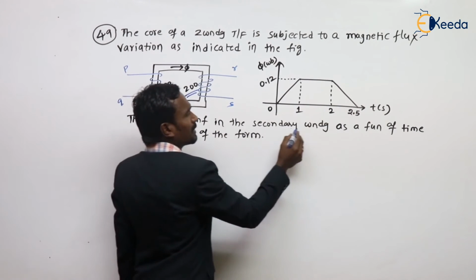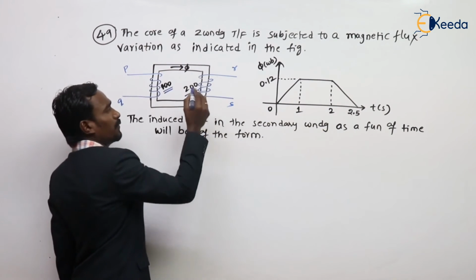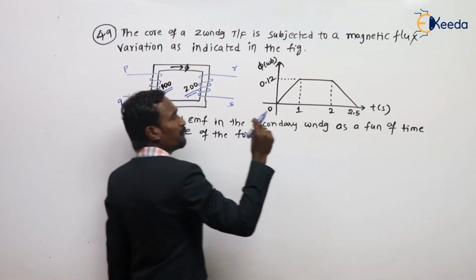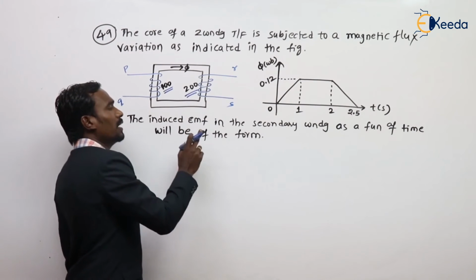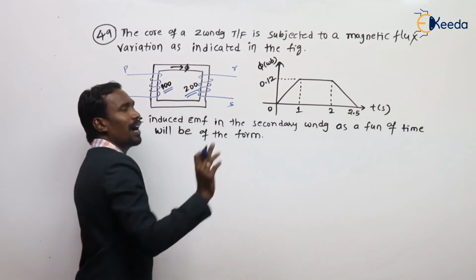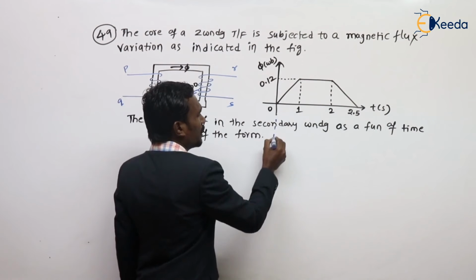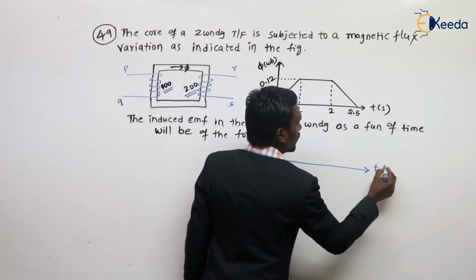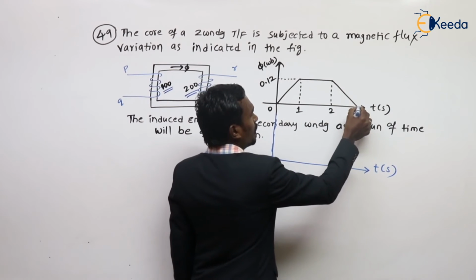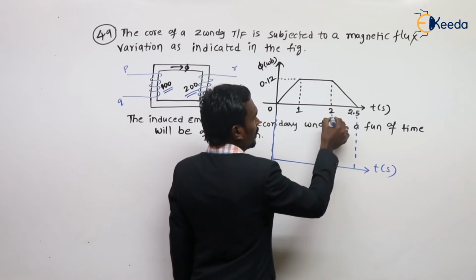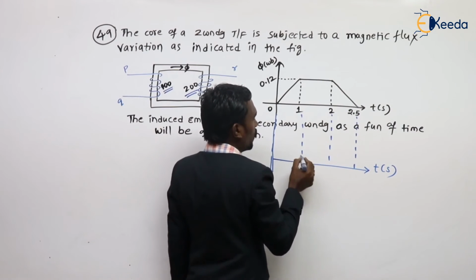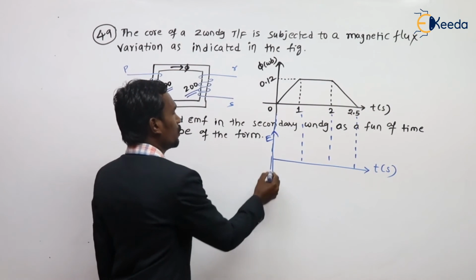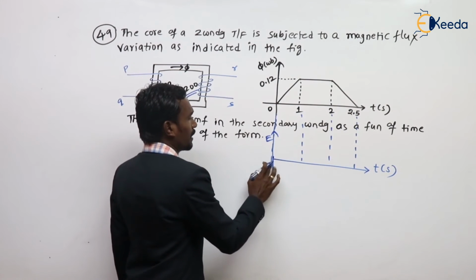The induced EMF in the secondary winding, as a function of time, will be of the form... They are asking what the EMF waveform is. They want the EMF waveform which is induced in the secondary of my transformer.